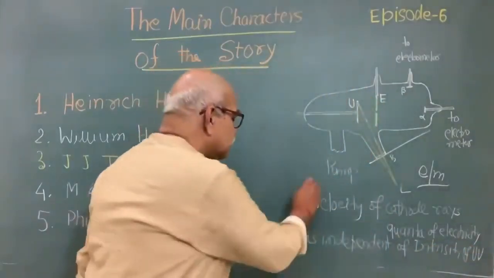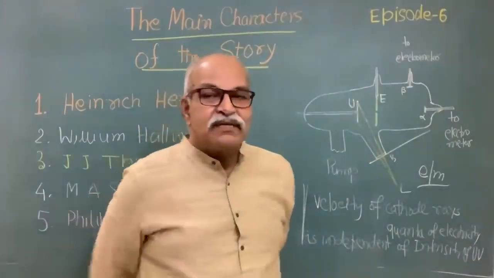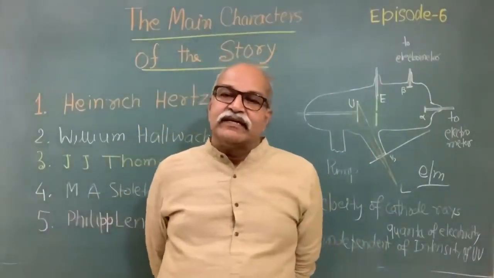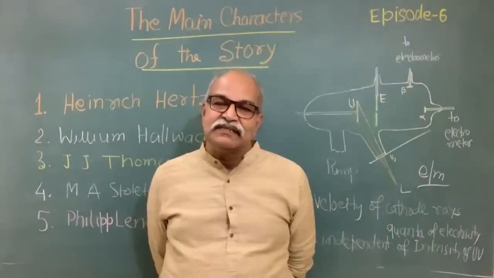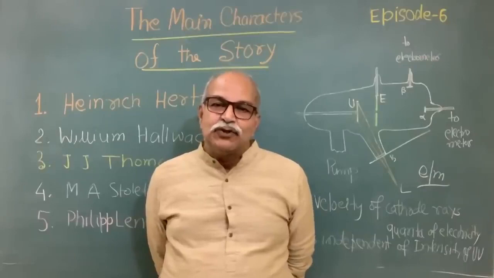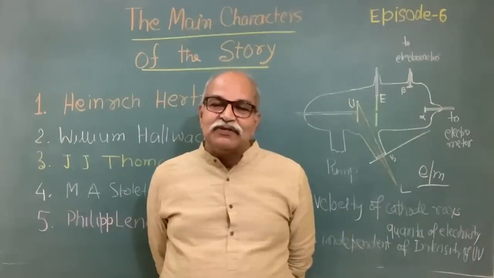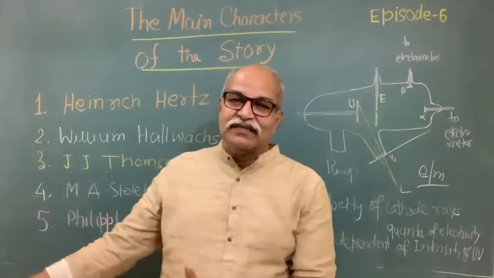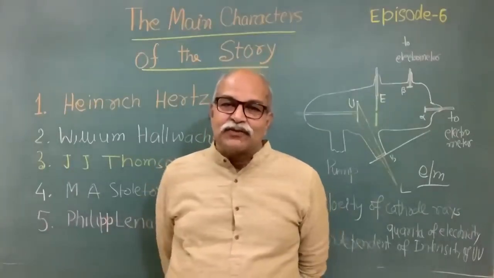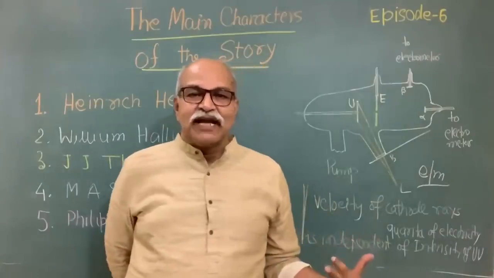So this is a very, very important result, and that creates a lot of speculations, because this is 1902 and the wave theory was very well established. We will talk more about this wave theory and things related to light after this lecture perhaps.